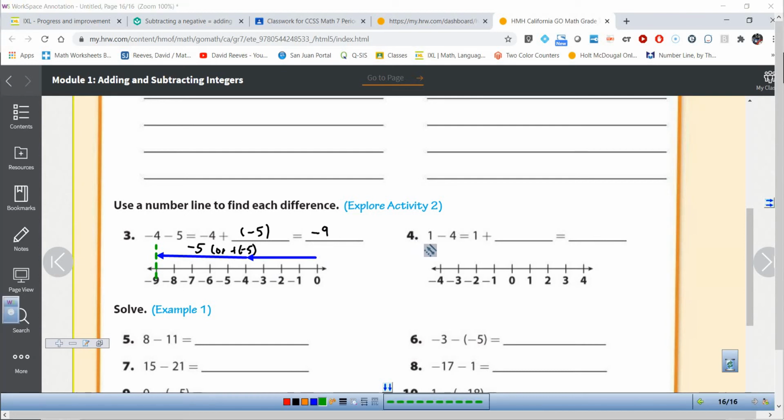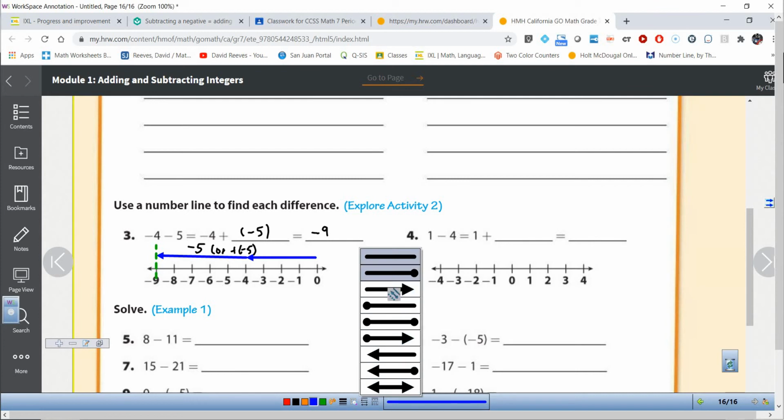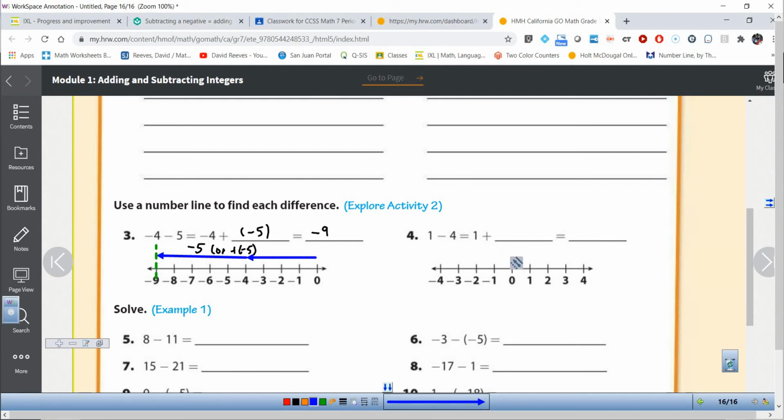This one right here on this number line, I could go from, and we got to get back to, here we go. All right. From 1, so I go that way, I'm at 1, right? But then they want me to take away 4, so then I go back 1, 2, 3, 4. All right? And that puts me at, I think this takes more time than it's worth here.